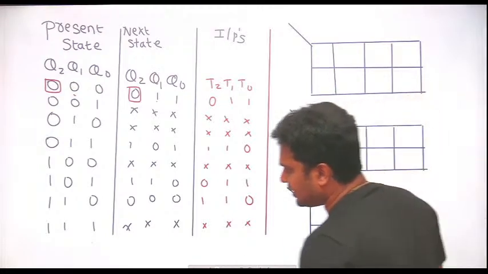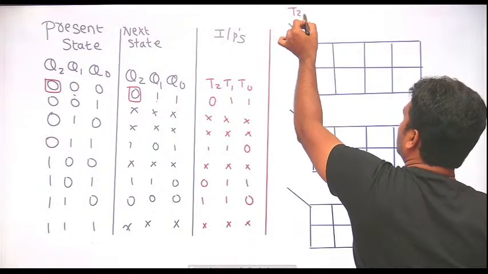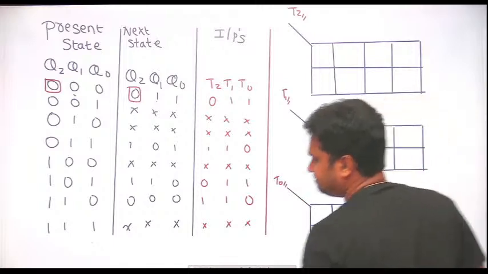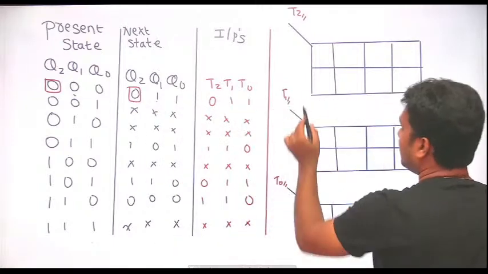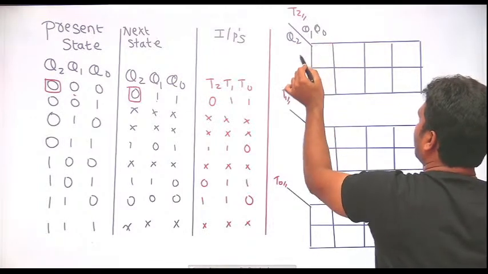Listen here. This is T2, T1 and T0 with respect to Q2, Q1, Q0.